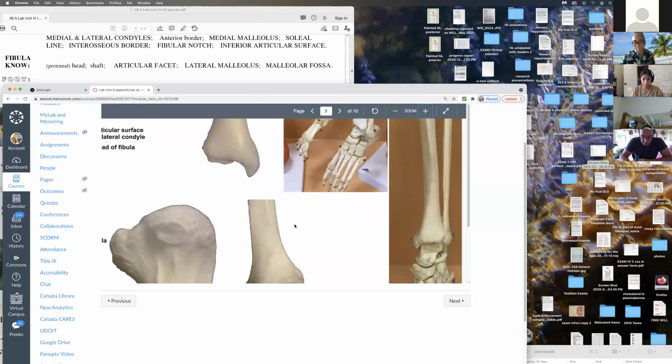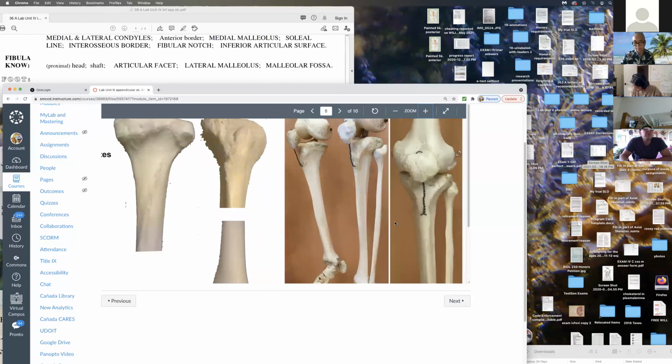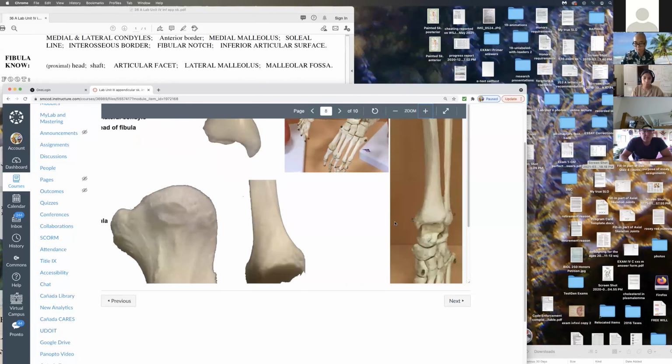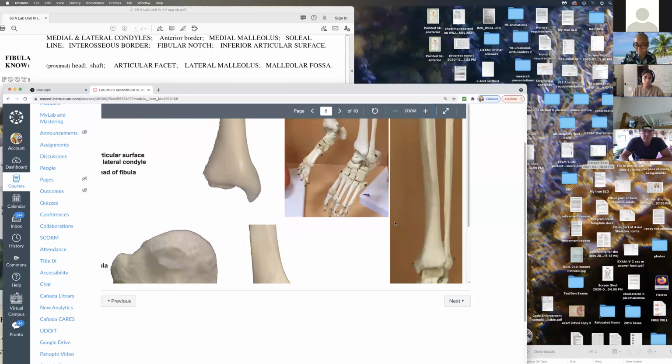So that's how these two bones would look like. And yeah, you need those two condyles to keep the foot from moving medial or lateral.